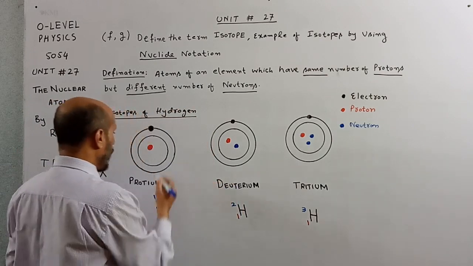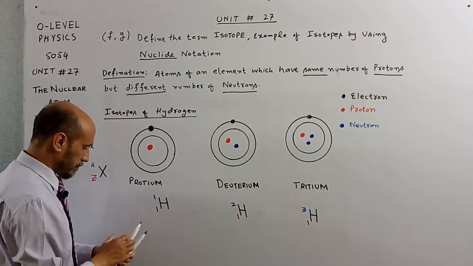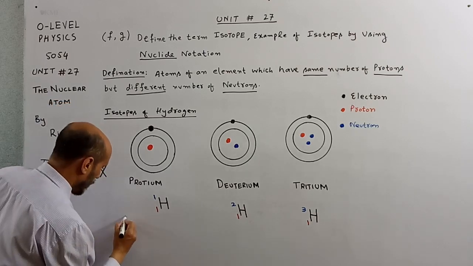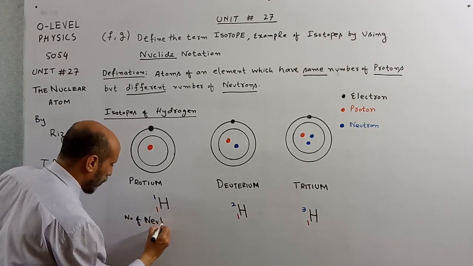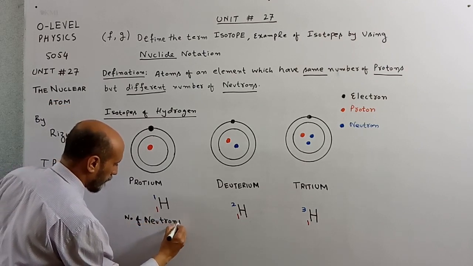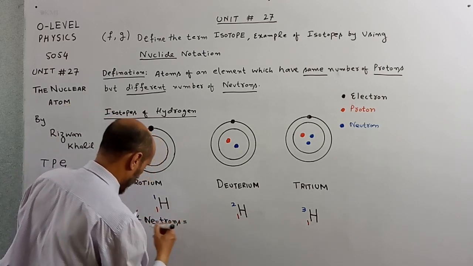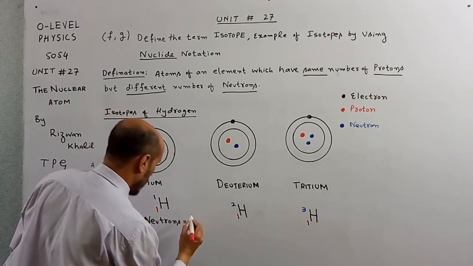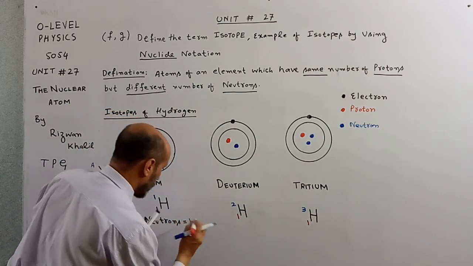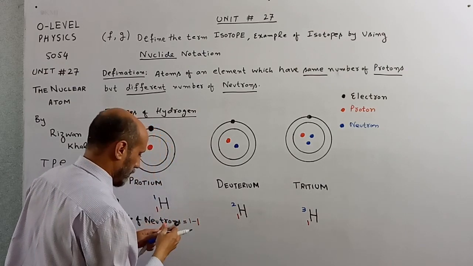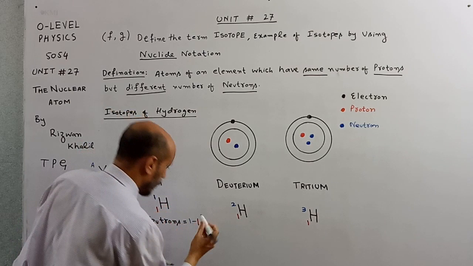And if we want to calculate the number of neutrons, it will be equal to A minus Z. In the first example, 1 minus 1 is equal to 0.